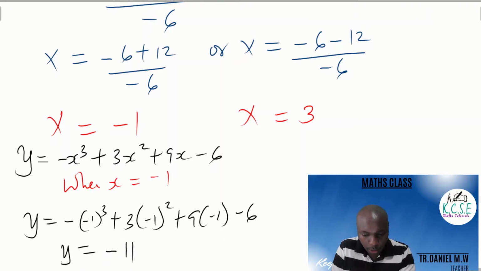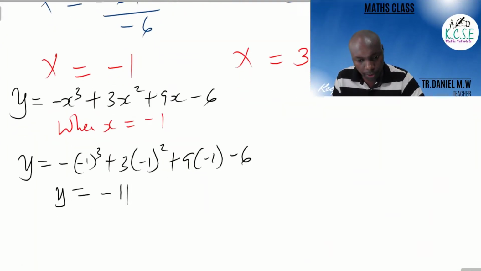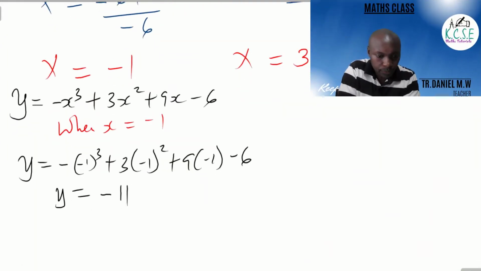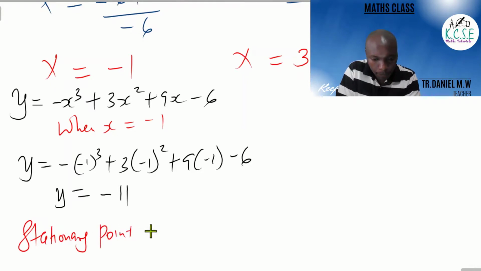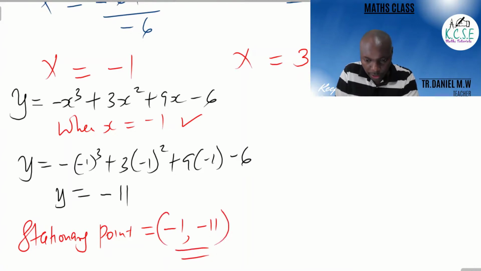So the first stationary point is given by when x is equal to negative 1, the value of y is negative 11. So that's the first stationary point. Now the second stationary point is when x is equal to 3. So again we substitute here.